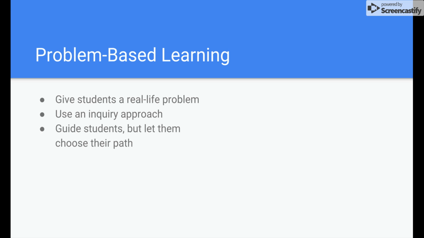The teacher can act as a facilitator in these situations by guiding the students, but they should let them choose their own path to figure out the problem themselves. Once they have figured out all these different methods of looking at the problem, they should develop a solution.